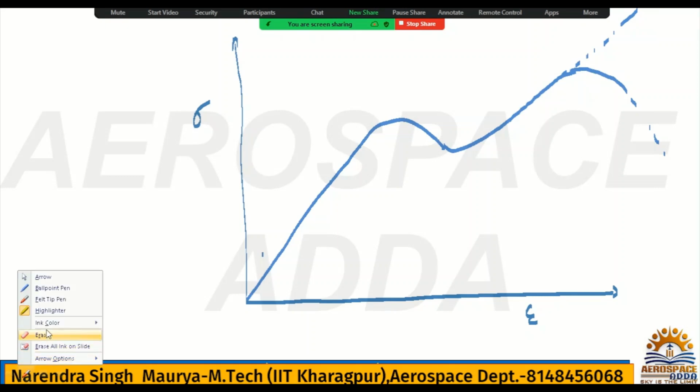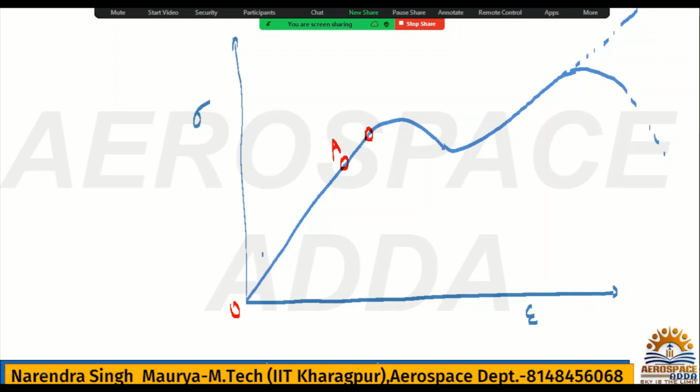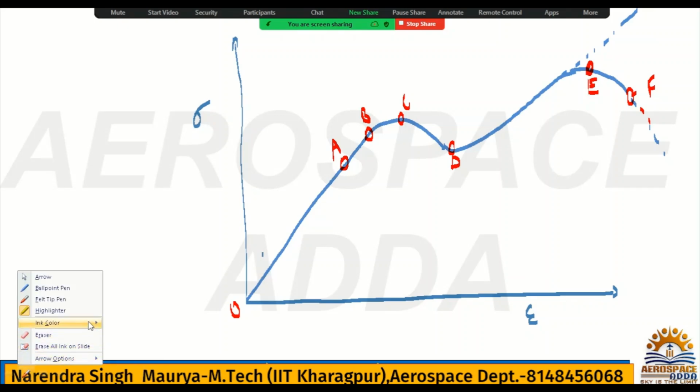Okay, so I can give the naming of all, so it will be clear to you. This is called A. Each and every point I will explain, don't worry. This is B, this is C, this is D, this is E. This is fracturing, this is the fracture point F. Now you can extend this.